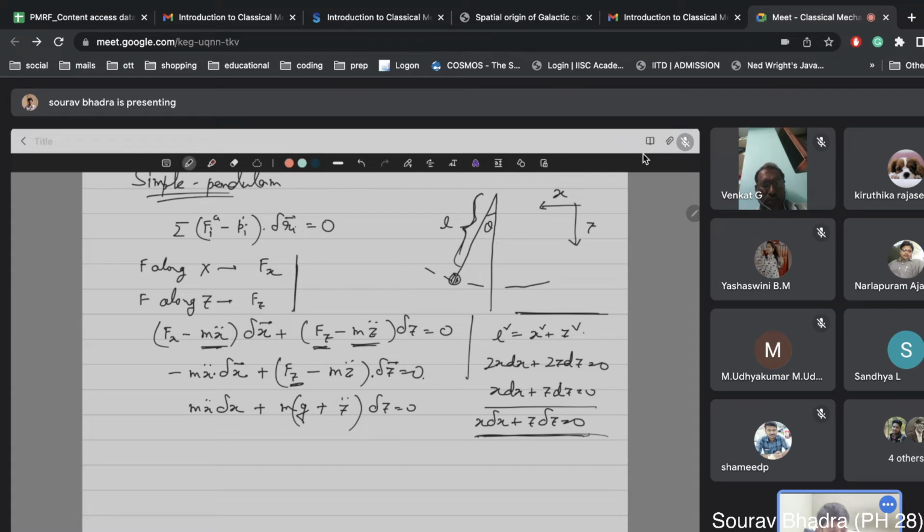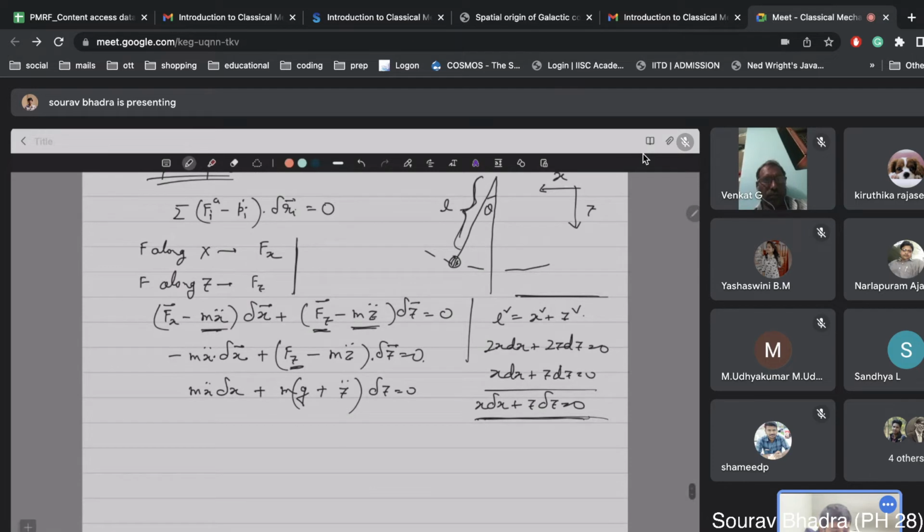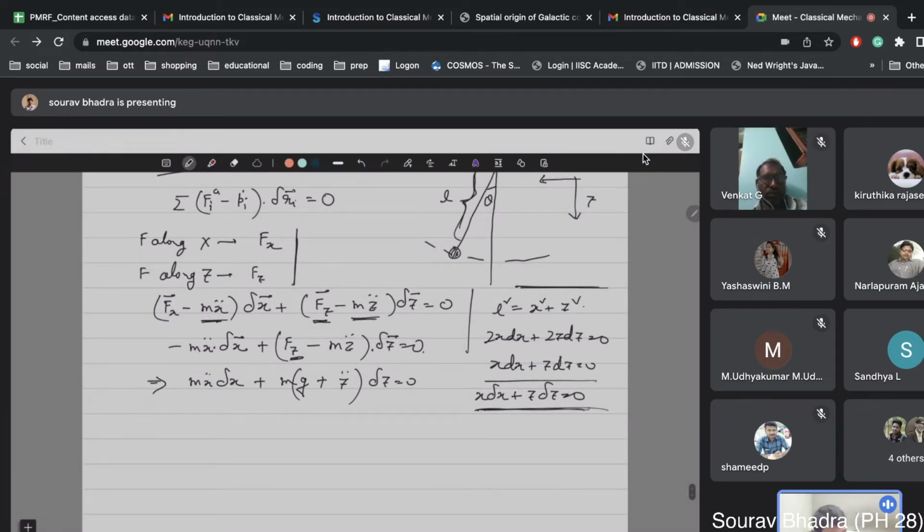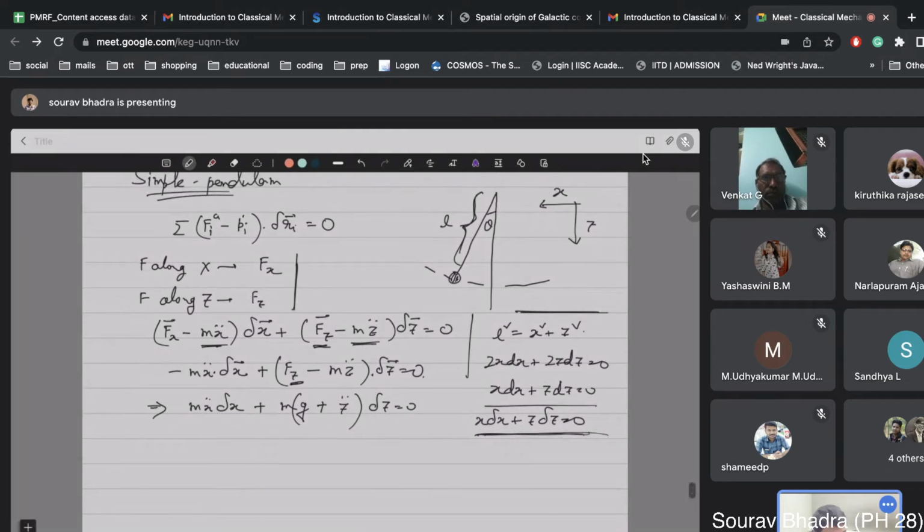Sorry, I have missed the signs. So you will get an expression like this. Then we put the constraint which we got here in this equation. So m we can eliminate, so g plus z double dot delta z by delta x equals 0.